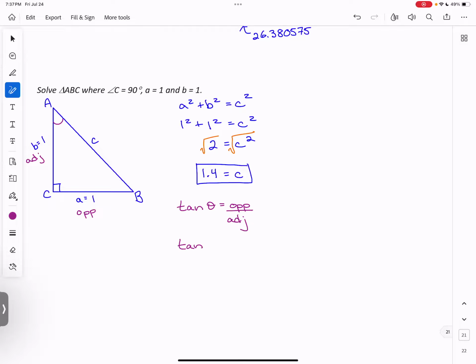So tan of angle A is 1 over 1, which is just going to be 1. And so to solve for angle A, we're going to take the tan inverse of 1. And if you take the tan inverse of 1, you'll get 45 degrees.